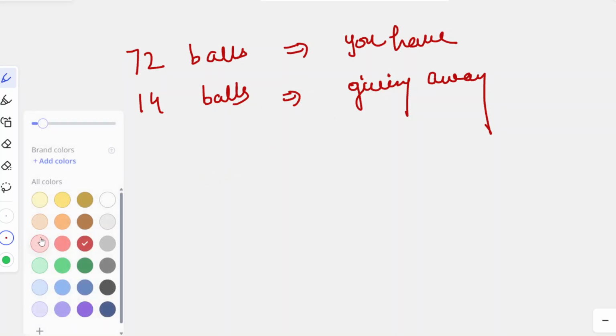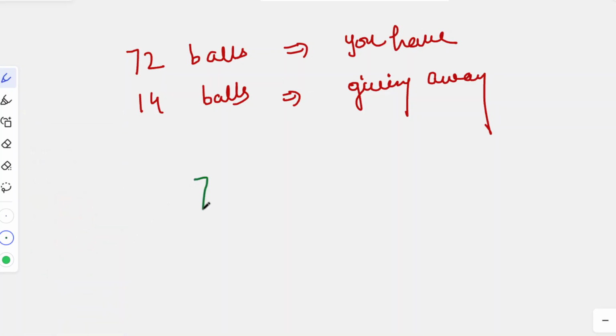Okay, we will also write it in the vertical column representation method. So these are ones place, these are tens place. We start from the ones place digit. Now we cannot subtract 4 from 2. Why? Because subtraction always happens when you are subtracting a smaller number from a bigger number, correct?